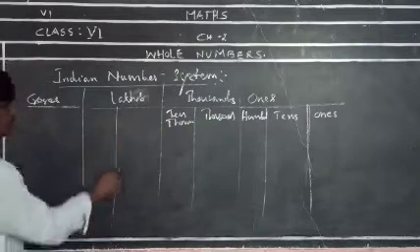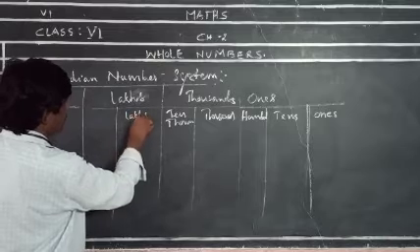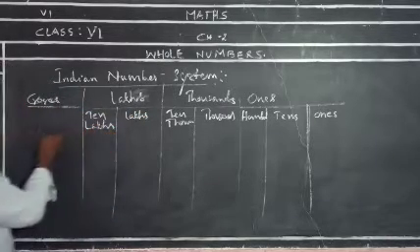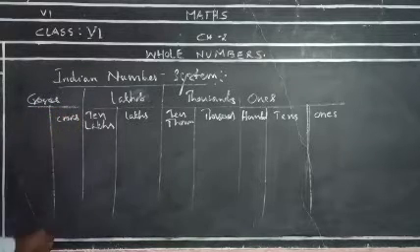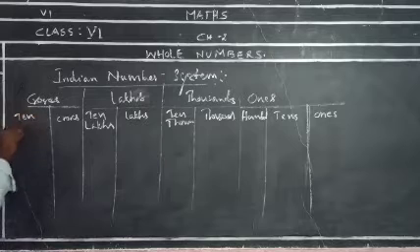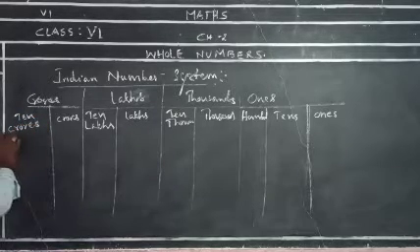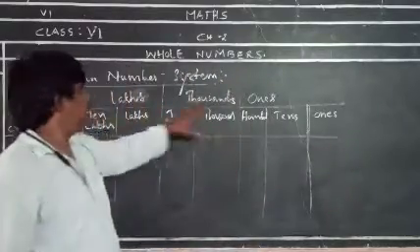Lakhs consists of two houses, that is lakhs, 10 lakhs. Crores again consists of crores, 10 crores. So these are the sub houses in the Indian system.